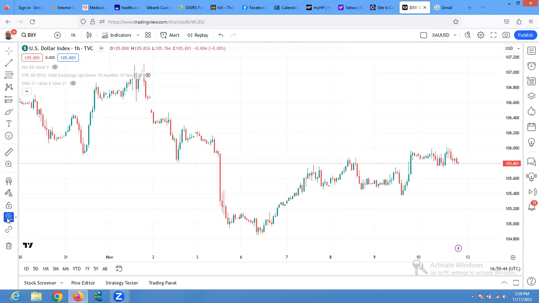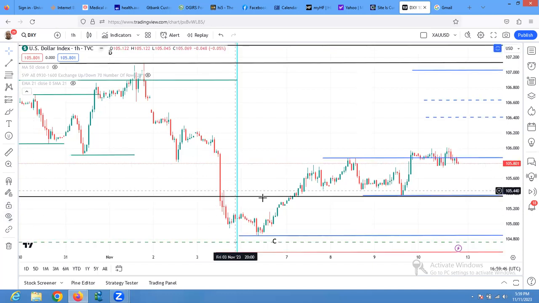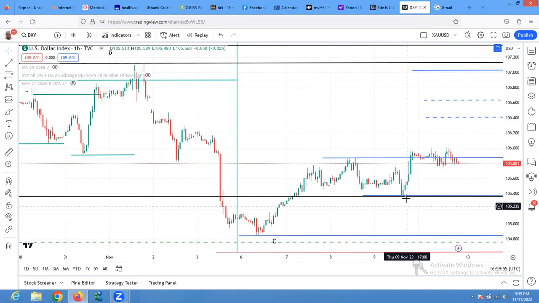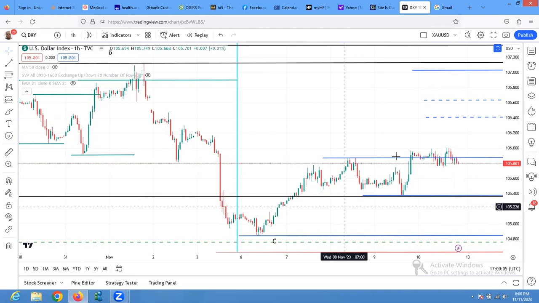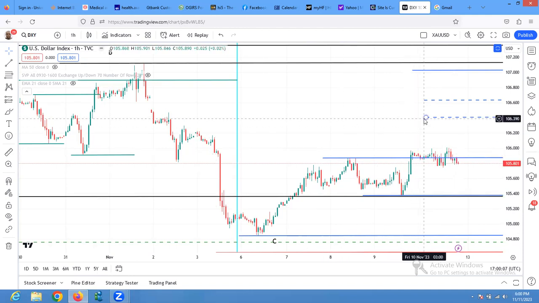So looking at our instrument, this may just be a 1, 2, 3 of A, a 1, 2, 3 of B, and we want to see a C as a correction and the next wave as an impulse to the upside. So this is an extension of 100, 1, 2, 3, and 161.8.